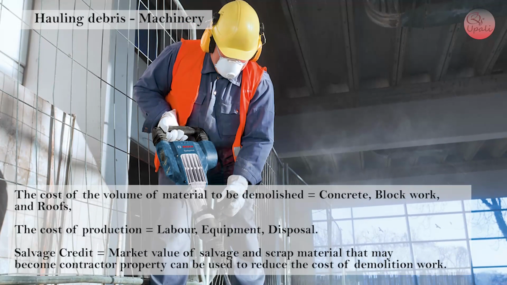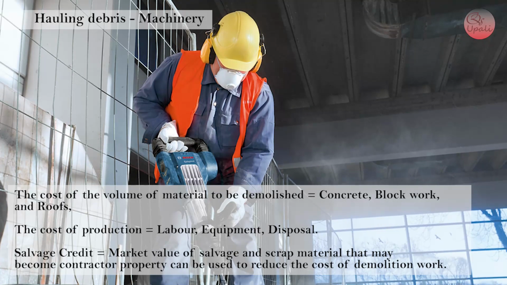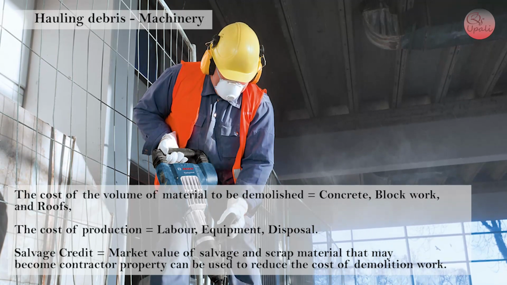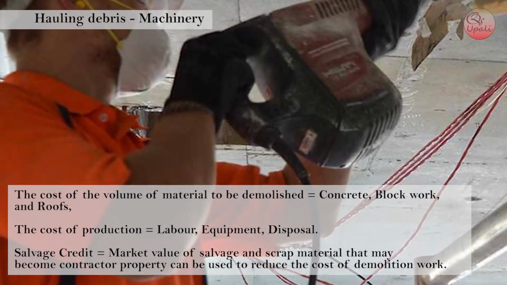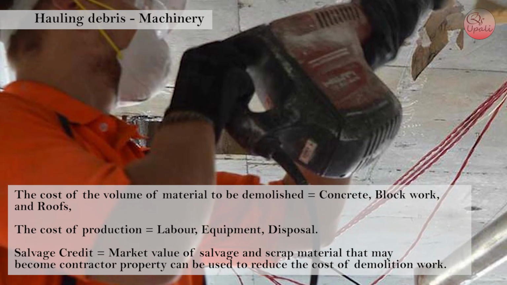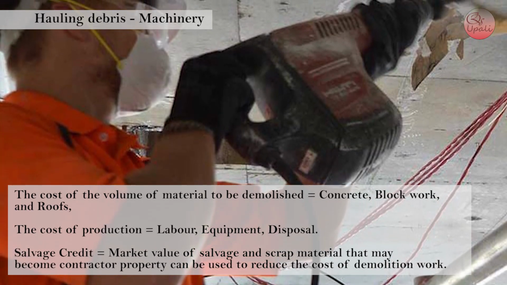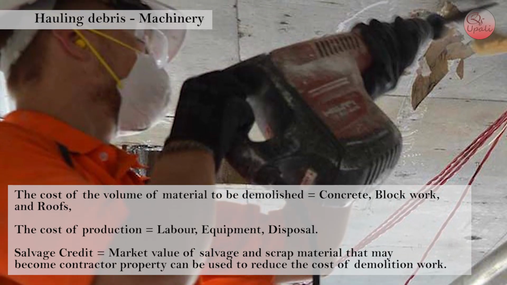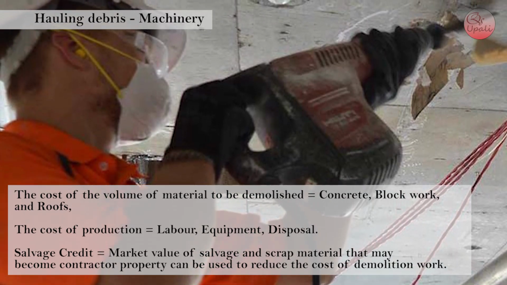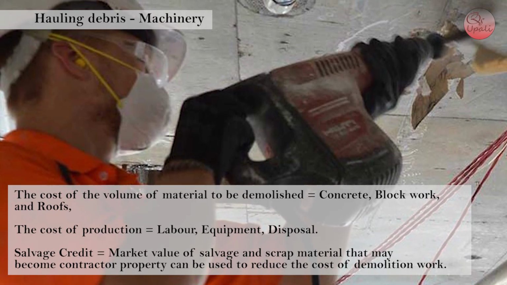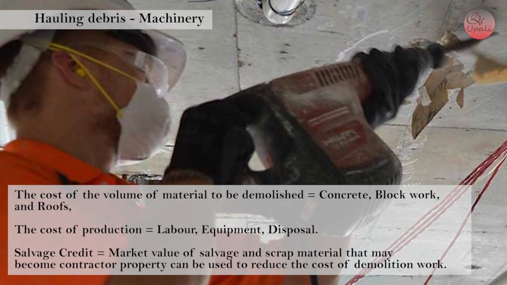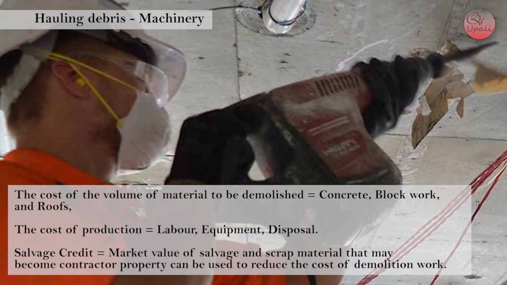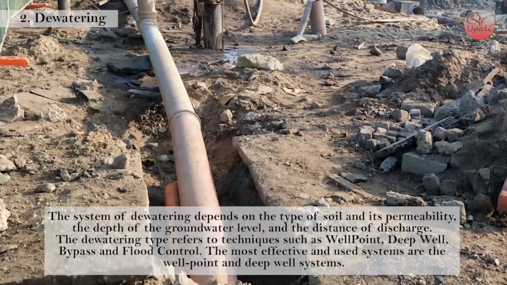The cost of the volume of material to be demolished: concrete, blockwork and roof. The cost of production, labor, equipment, disposal. Salvage credit: the market value of salvage and scrap material that may become contractor property can be used to reduce the cost of demolition work.